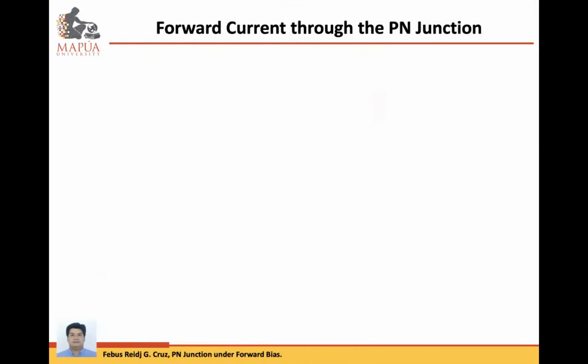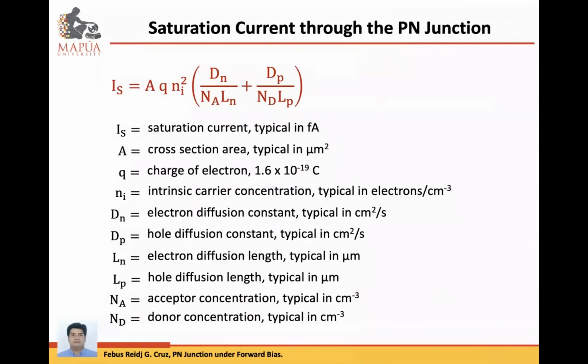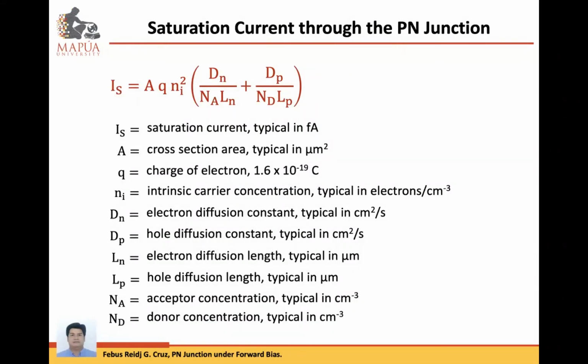So regarding the forward current, so balikan natin yung saturation current. So if you want a higher saturation current, so kita naman, no, you need larger area. What else? You'll be needing lower doping concentration, no? So kailangan mas mababa yung acceptor concentration, as well as you need a lower donor concentration to increase the saturation current.